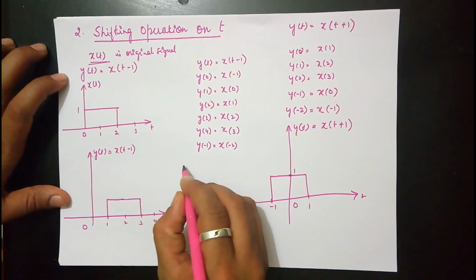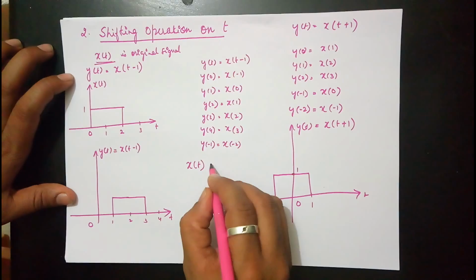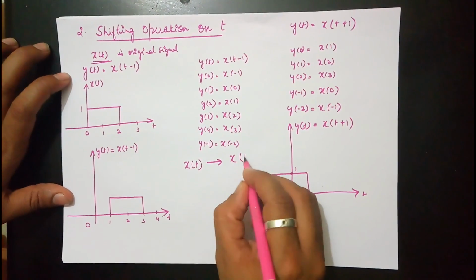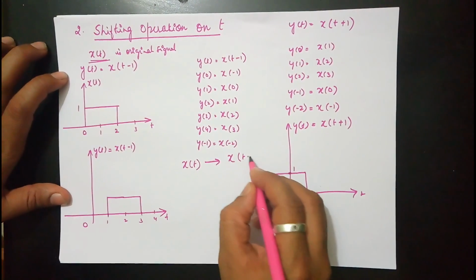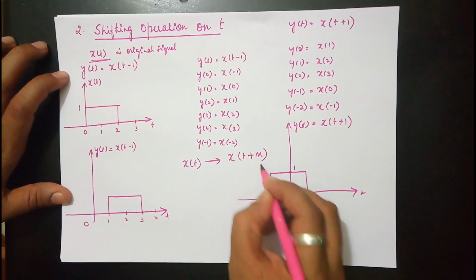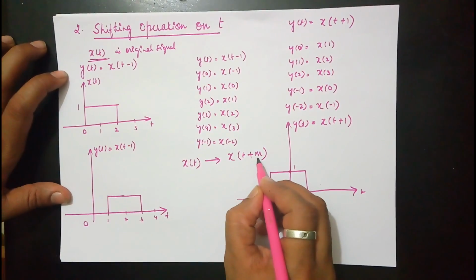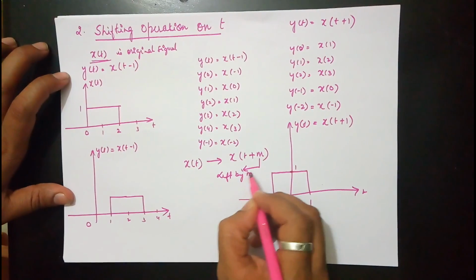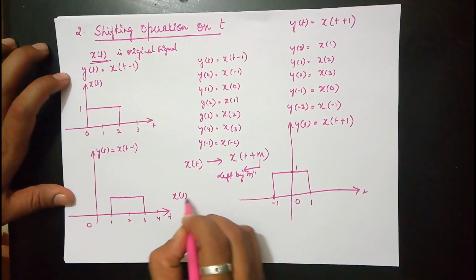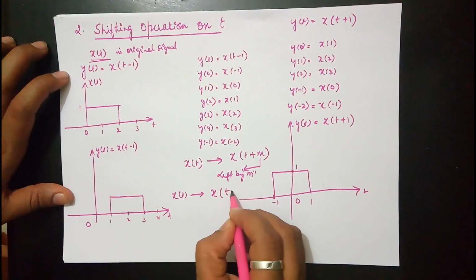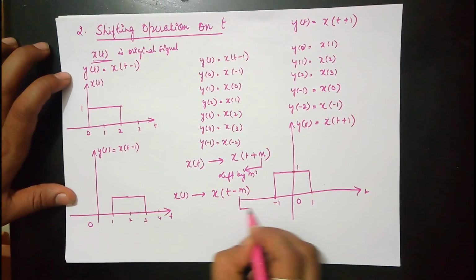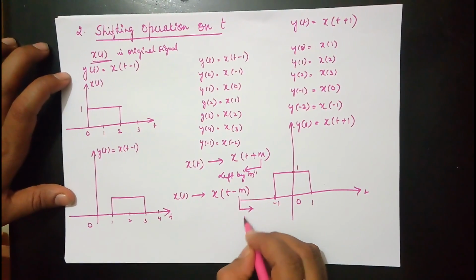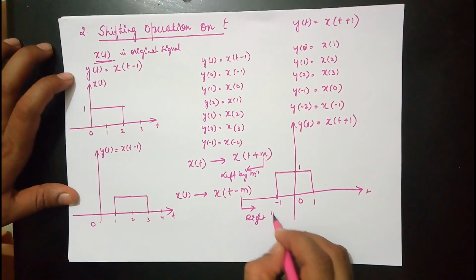In general, if you are doing a manipulation x of t plus m, my waveform will be shifted left by m. And if I am doing x of t minus m, my waveform will be shifted right by what amount?